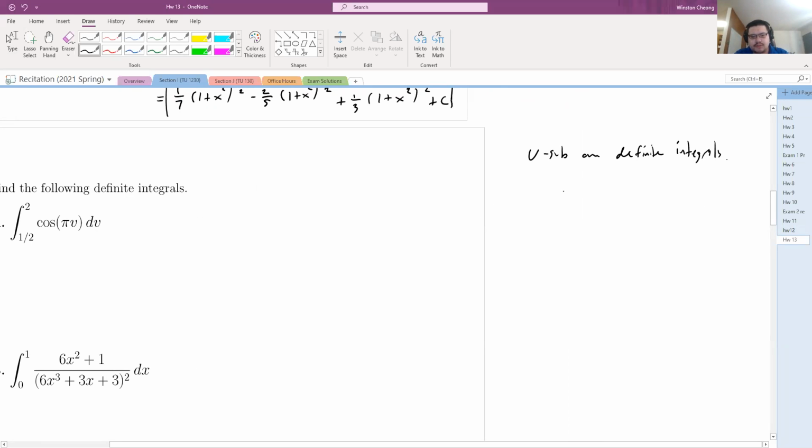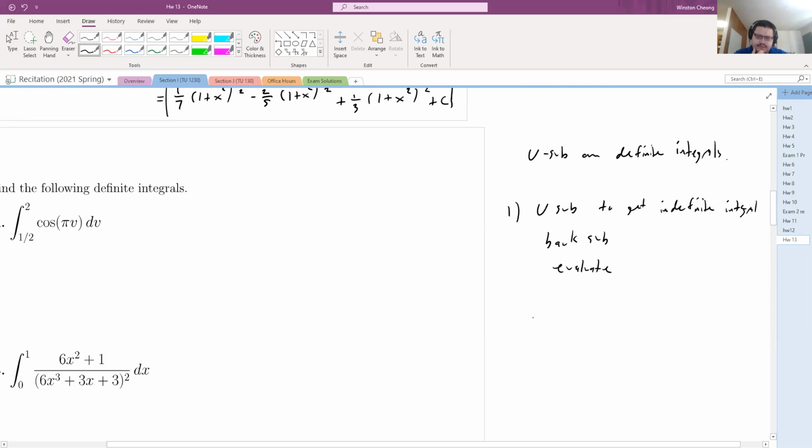The first approach is that you perform the u sub to get an indefinite integral, and then you back substitute, and then you evaluate.